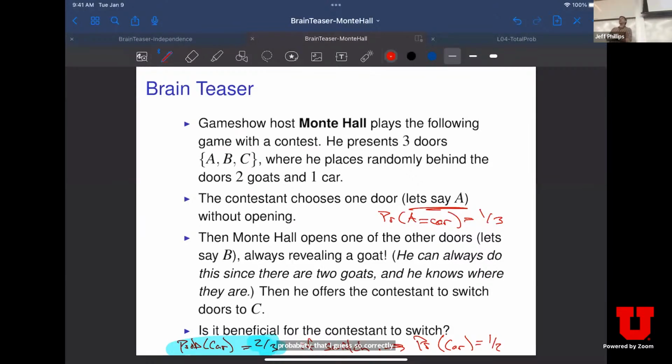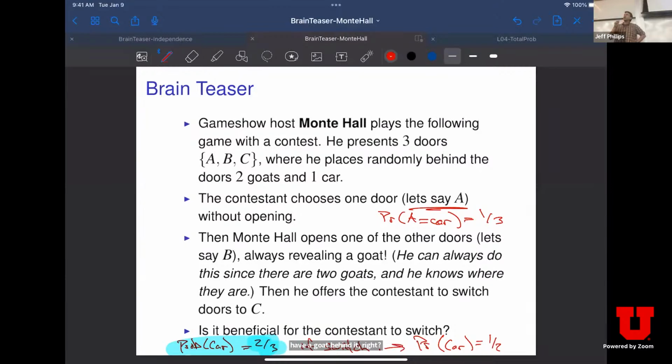It doesn't change the probability that I initially guessed correctly on the first door. It changes what you know about the other door, but not the probability that I guessed correctly. And there are always two goats, so Monty Hall can always choose a door that's going to have a goat behind it, right?